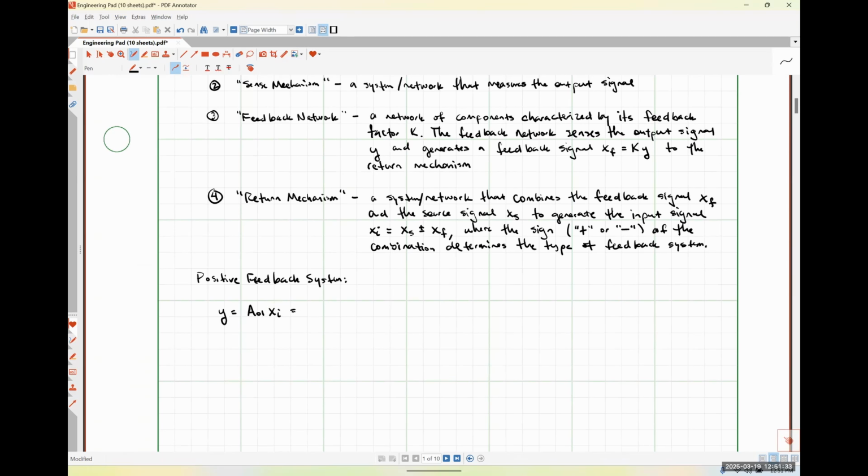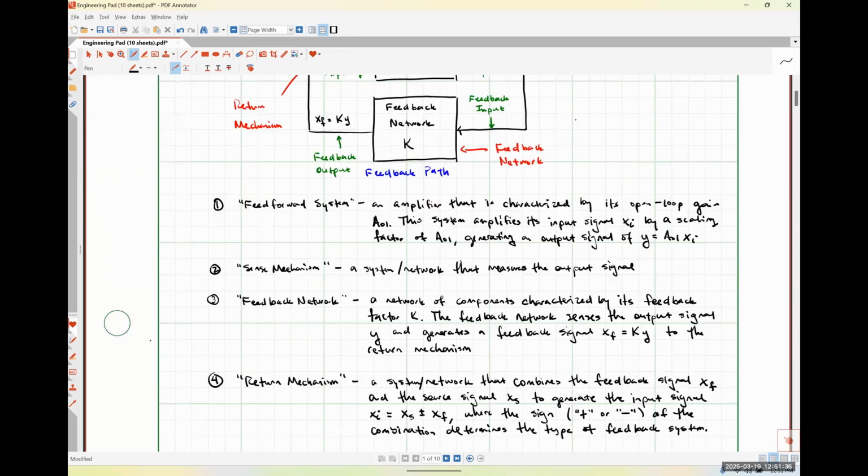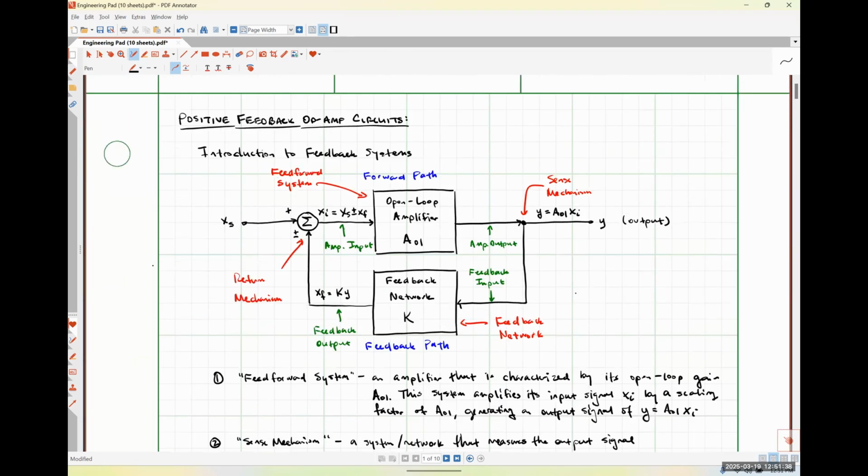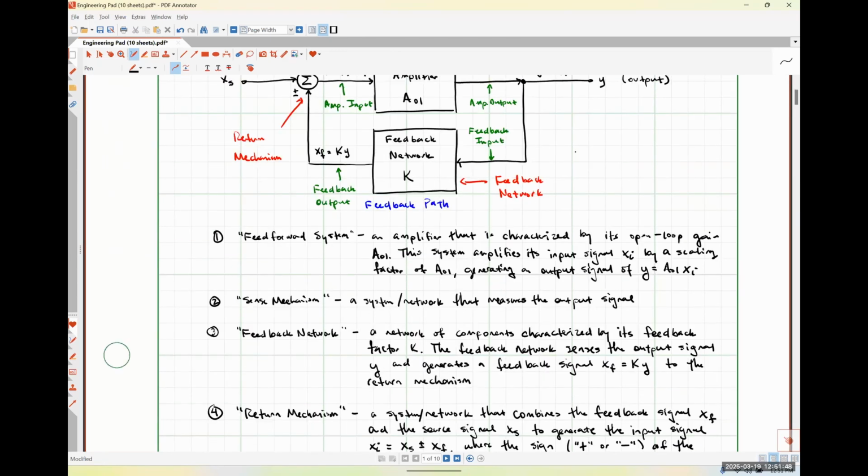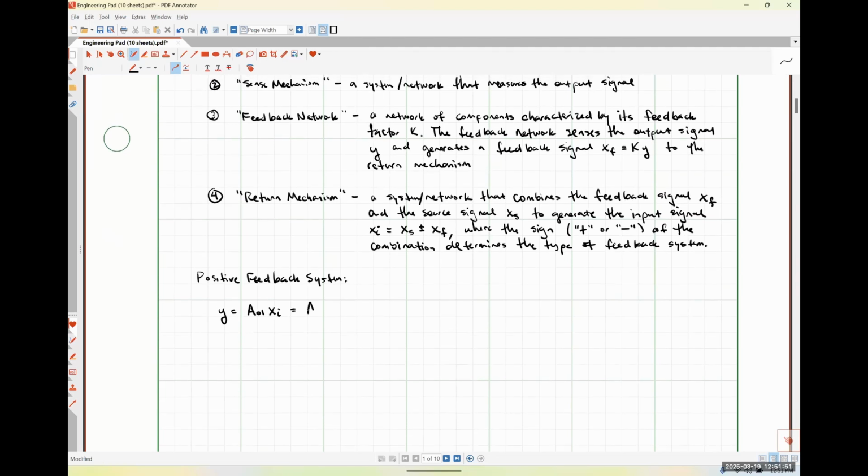Well, in a positive feedback system, x sub I is going to be xs plus xf. Those two signals are going to add together. So that'll give us AOL times XS plus XF.